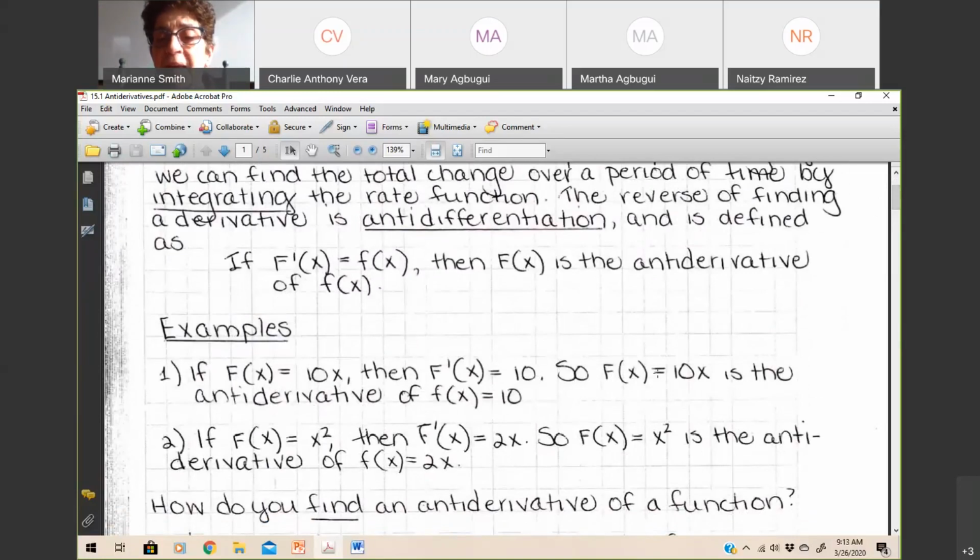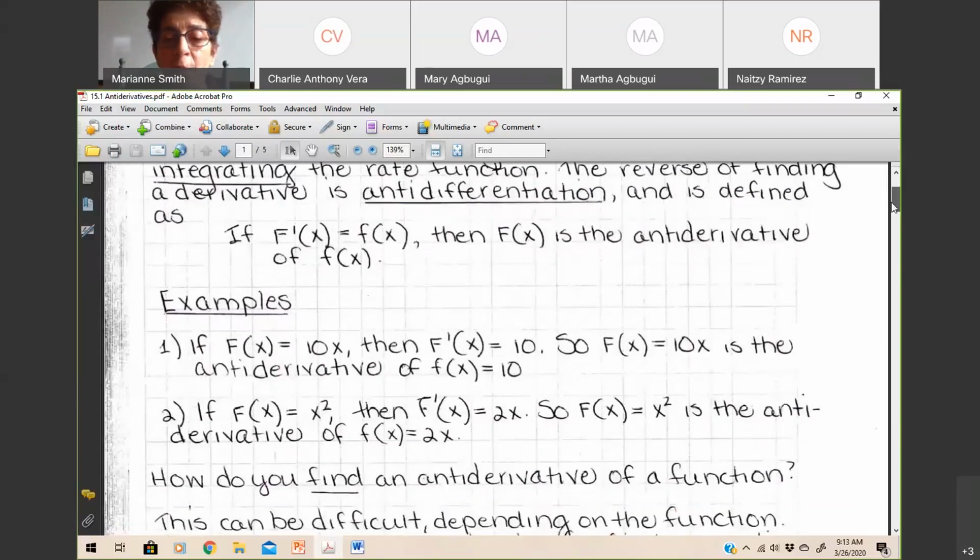So F of x equals 10x is the antiderivative of this. In other words, here's the derivative. To get back to the original function, we would anti-differentiate. Likewise, if big F of x is x squared, then when we differentiate it, we get 2x. If we reverse the process and we anti-differentiate 2x, we should get the x squared back again.